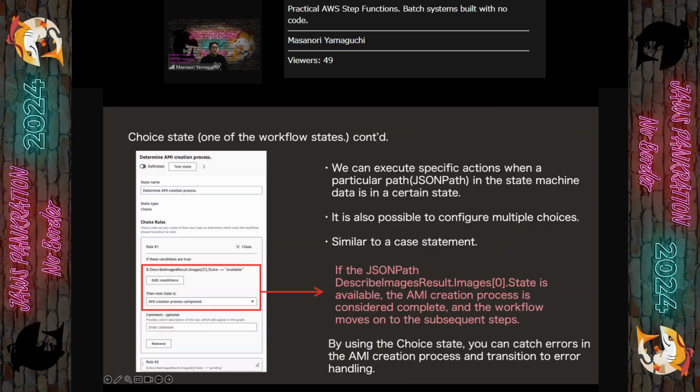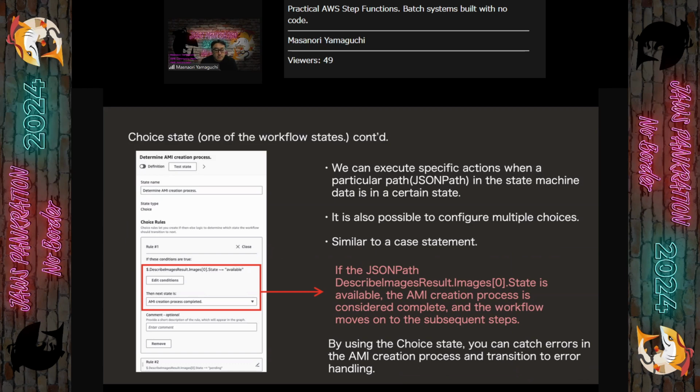If we use the Choice state, we can execute a specific action when a particular JSON path in the state machine data is in a certain state. It is also possible to configure multiple choices. Rule 1 is this, rule number 2 is that, similar to case statements in other programming languages.